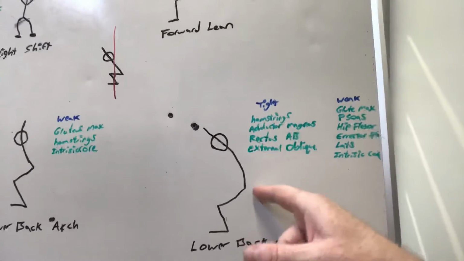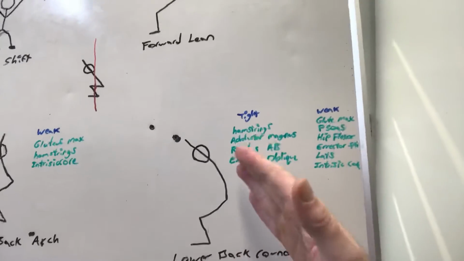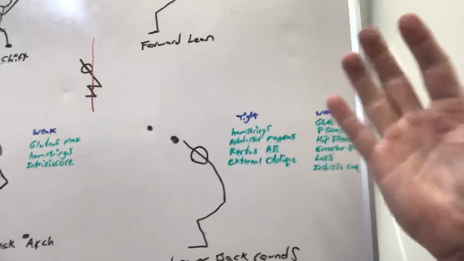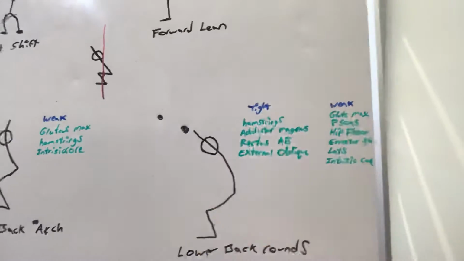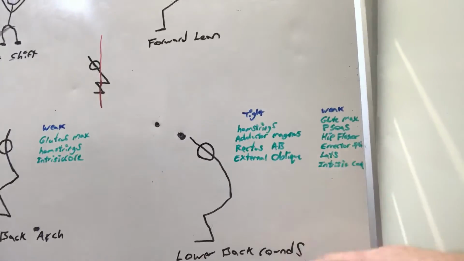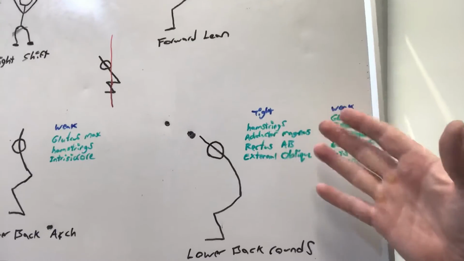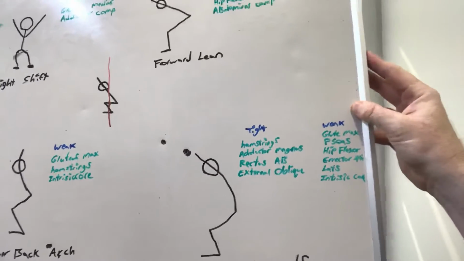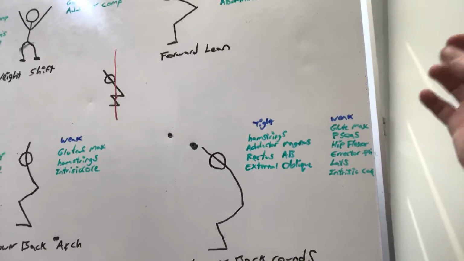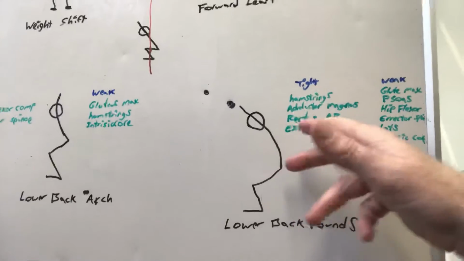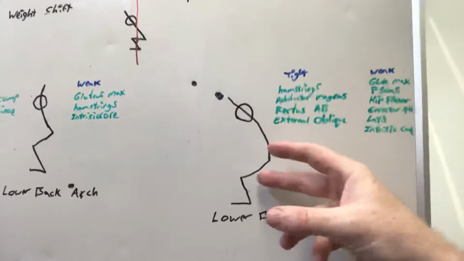So the first thing I'll do is try to teach this person to hip hinge standing first. There's lots of things you can do to practice that, and if they're still having trouble, then you can work on stretching out all the tight areas and doing foam rolling, and then activating the weaker areas that need some activation. Like I said, someone who's got this is probably lacking a lot of activation right through here.